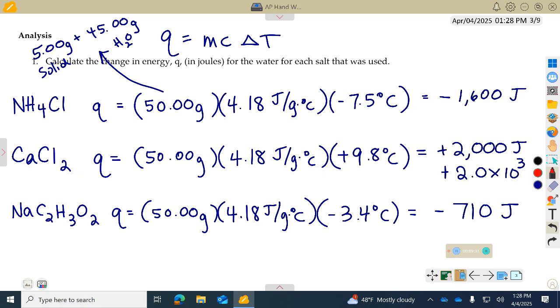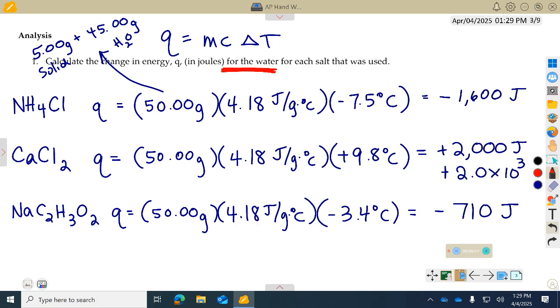Okay, speaking of positives and negatives, we're getting this energy change, and it is in reference to the water. What was the particle that was touching the temperature probe? Mostly water molecules. By far the most abundant particle in that styrofoam cup was the water.